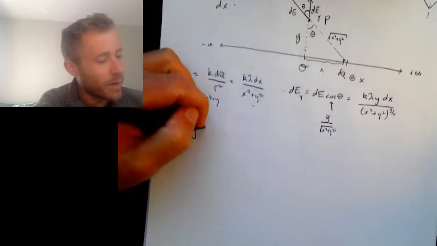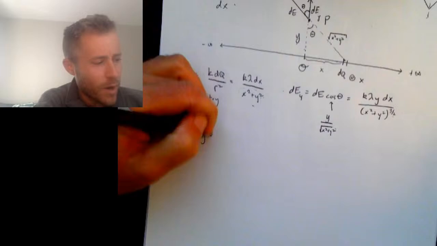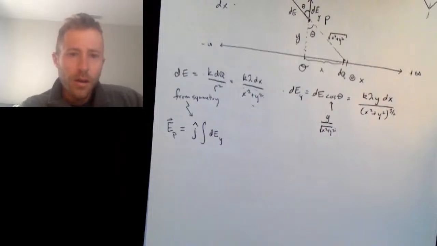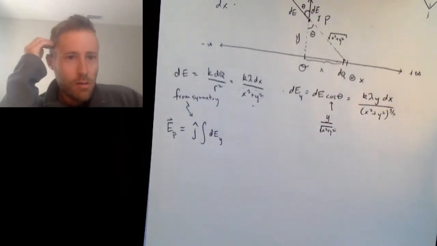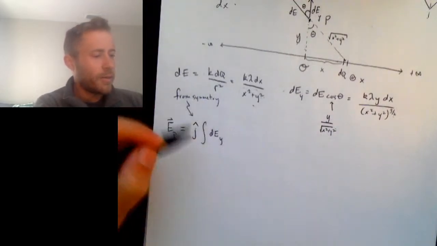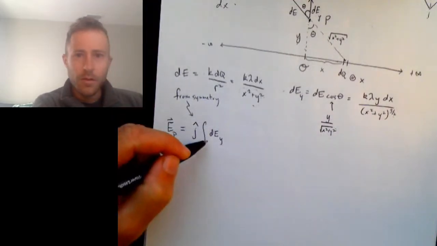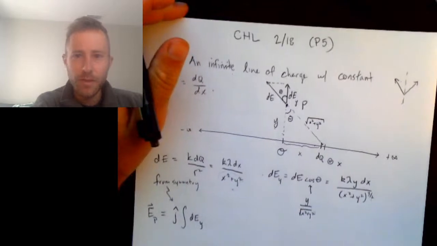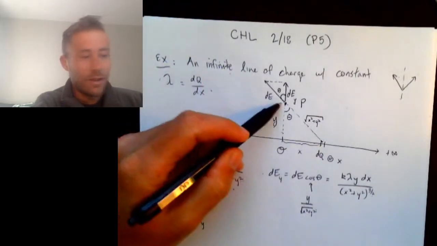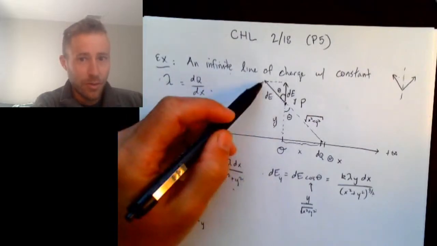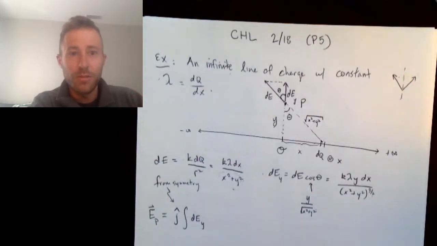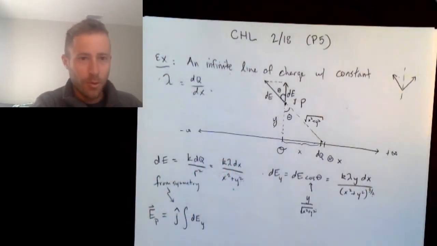We're only going to add up the y components. Even though this little itty-bitty piece of charge creates an itty-bitty electric field that has an x component, when we add all of those x components up, the total result is going to be 0. So we're only going to worry about the y component.